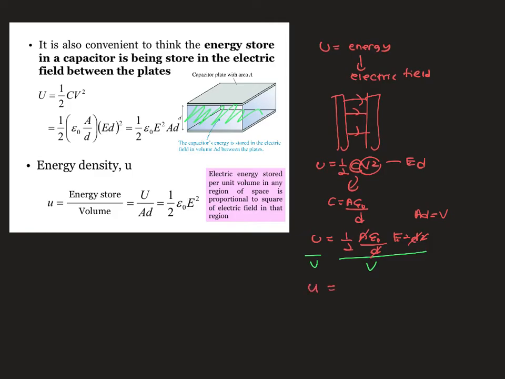Here you are left with 1 over 2 epsilon naught E squared. So we can say the energy density is proportional to the square of the electric field, and the unit is joule per meter cubed. So this is how you find the energy density.